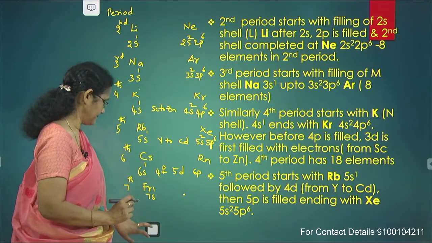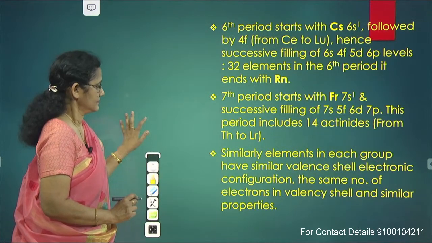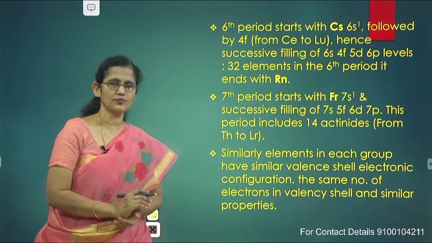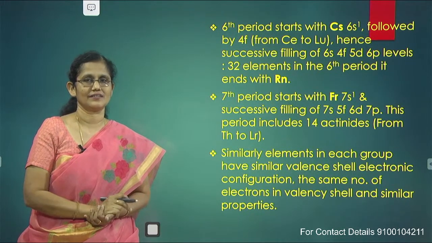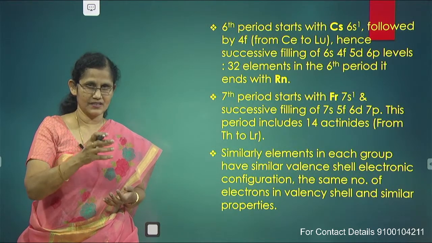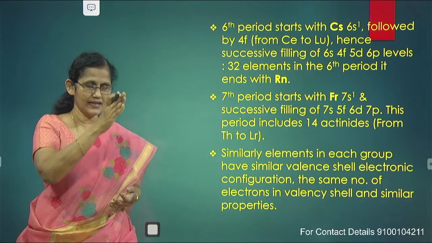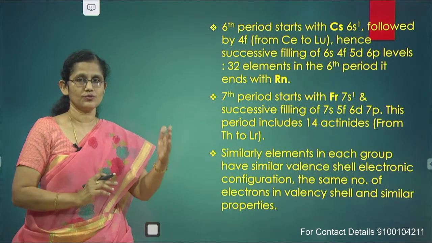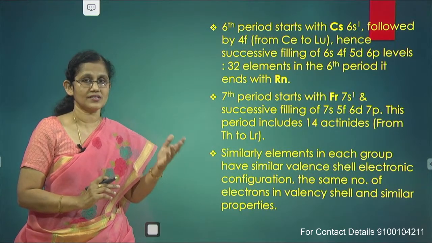Now, we will take the next point. You see, elements in each group have similar valency configuration, right, similar properties, the same number of electrons in the valency shell. When I take alkali metals, lithium, sodium, potassium, rubidium, they all can form oxides, right.